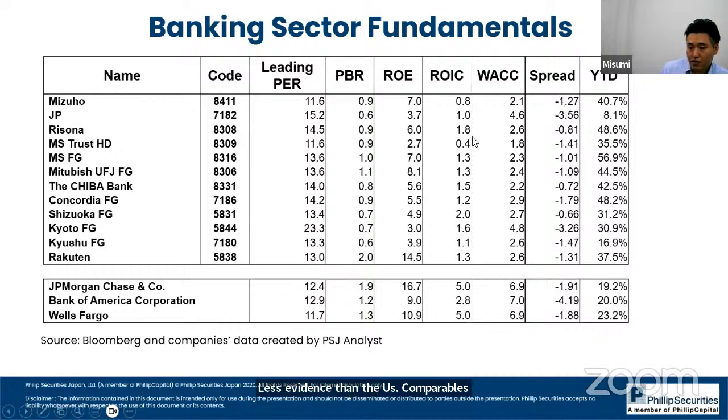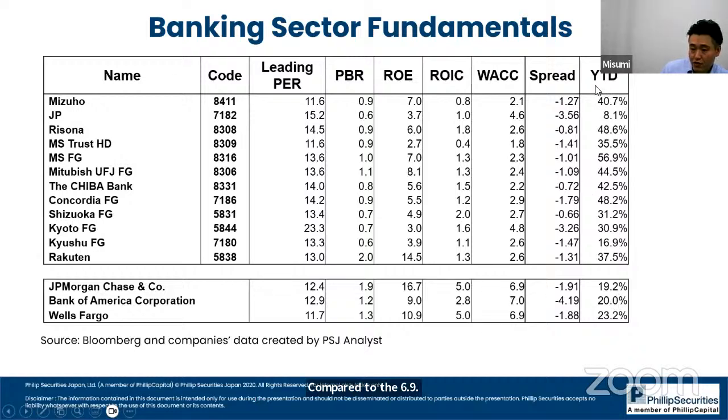The ROIC spread is in a similar condition. The ROIC spreads of the Japanese banks are negative, and JP Morgan, Bank of America, and Wells Fargo also have negative ROIC spreads. Again, 5.0 ROIC compared to the 6.9 required return.